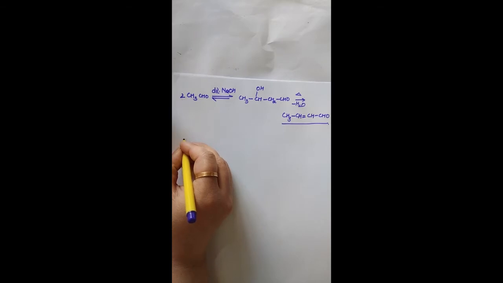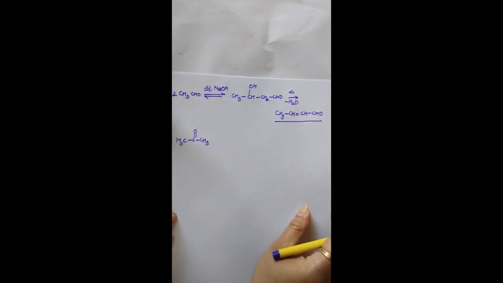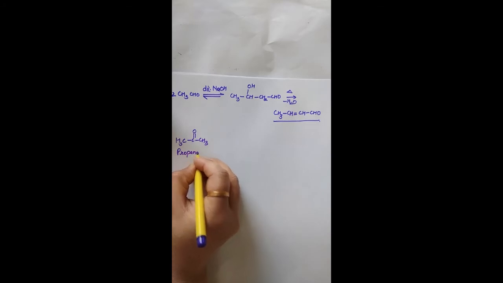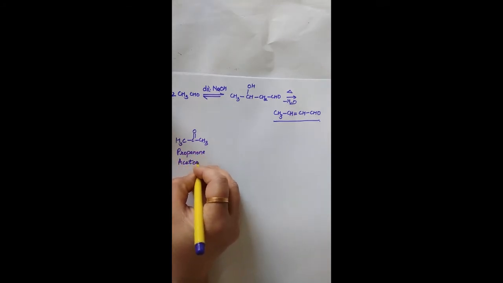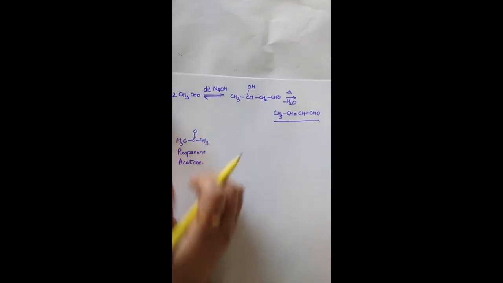Let's take the example of acetone, CH3COCH3. This is propanone, or the common name is acetone. So when acetone is there, you have to write 2 molecules, they will react.